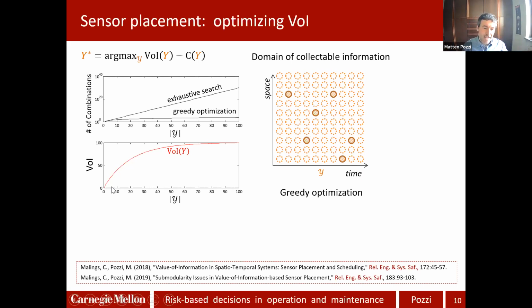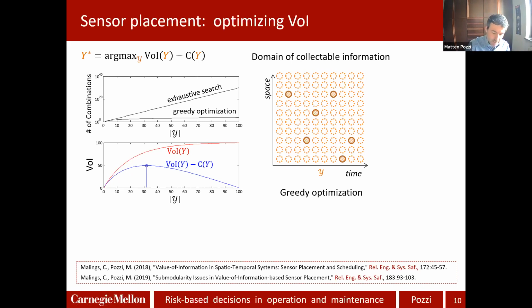And so you have something similar to the law of diminishing returns, so that the marginal benefit of adding a new sensor is generally less. And again, when you include also the cost, theoretically at least, you can optimize the network, avoiding over-instrumentation. And this, again, is true in many cases.